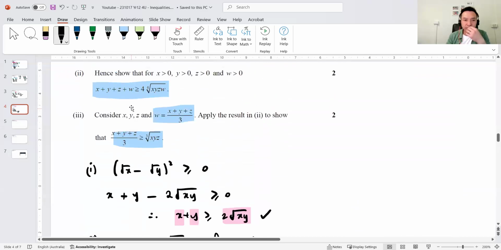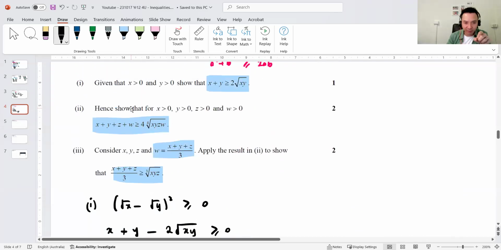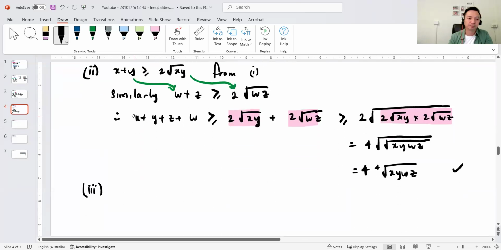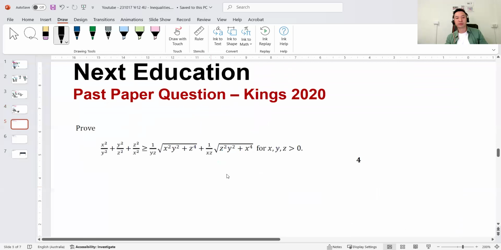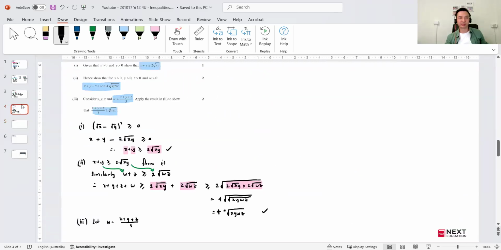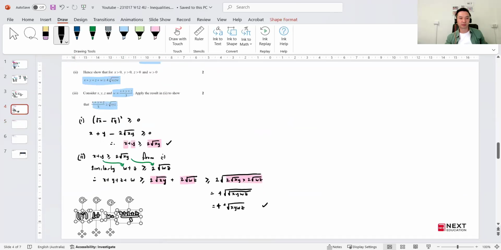What's it saying? Okay. Let W equal that. Prove the 3 version of this, right? Okay. So let W equal x plus y plus z all over 3. Now, before I do it, I realize I don't have space, so I'm going to do that up here.